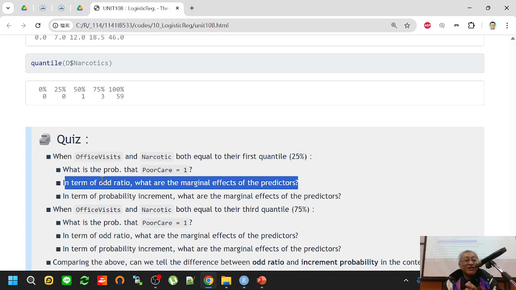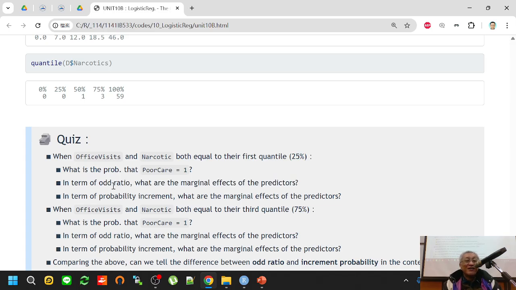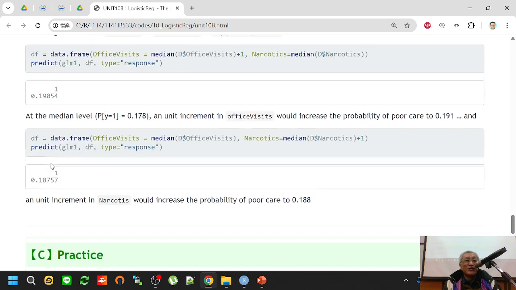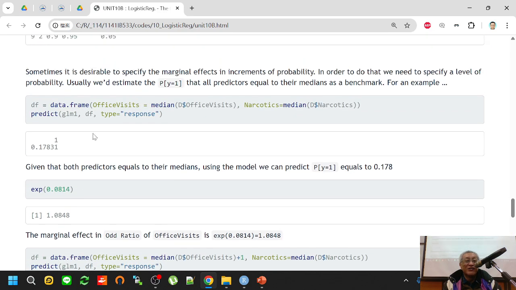This is easy, because you simply do an exponential transformation on the coefficient, then you know the odds ratio. So in terms of odds ratio, the marginal effect is easy to acquire. But if you want to know the probability increment, then you need to use this method.